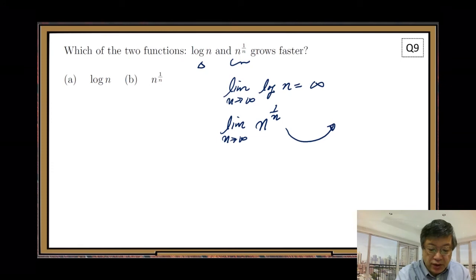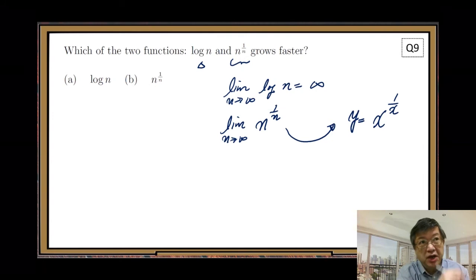So here, let me just write, let y equal x to the 1/x power. This time I use x as the variable, I make it a continuous variable. Then I can apply powerful tools on it. If it's a discrete variable, some important tools I may not be able to use. So that's not very good.